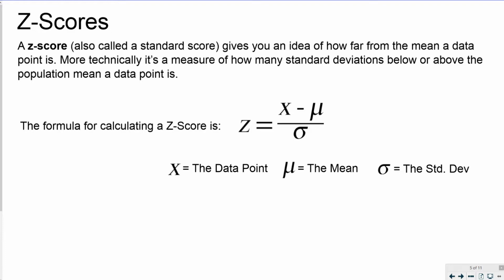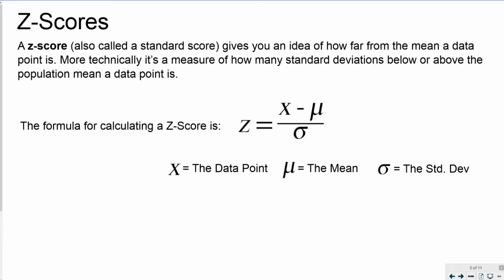To calculate a z-score, the formula is that the z-score, z, is equal to the data point, and then you take away the mean from that data point and divide that amount by the standard deviation of the entire data set. That will give you a z-score, and it will tell you where on the chart to put that piece of data.